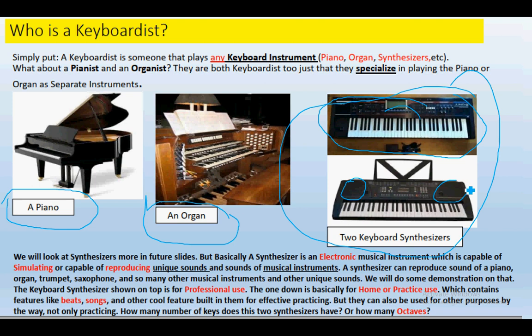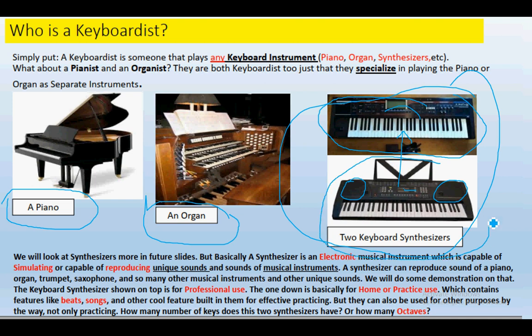The difference between this one and this one is that this one has practicing functionalities. It has drum loops on it, and songs that you can use to practice. It has other cool stuff. Basically this is also what we use in church, these synthesizers.